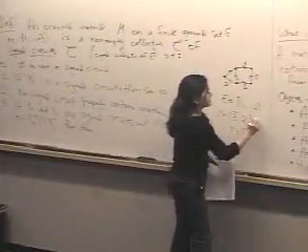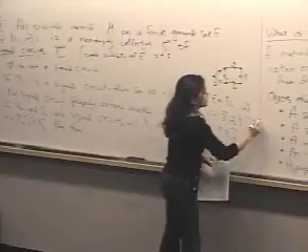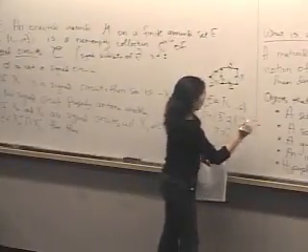So here, the positive part here is 1 and 2. Yeah, that's right. And the negative part is 3.